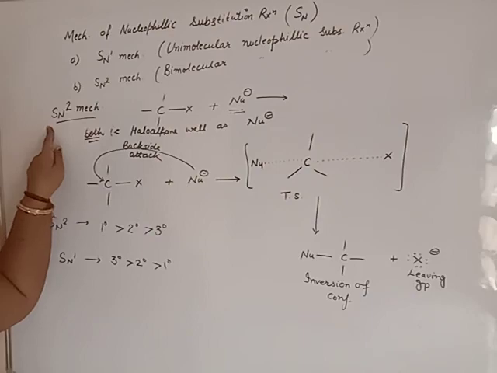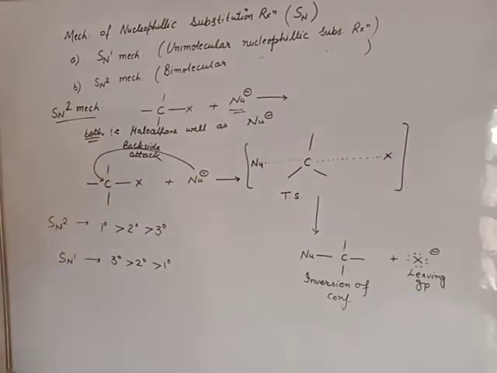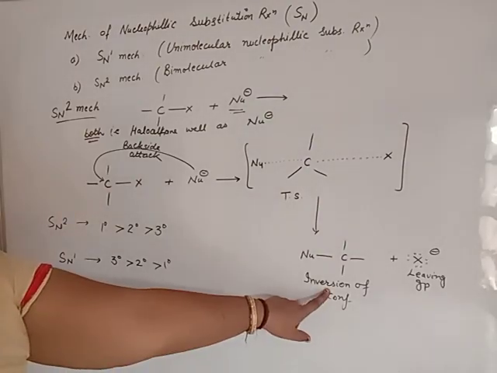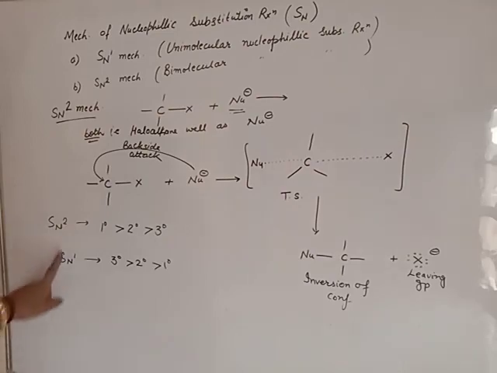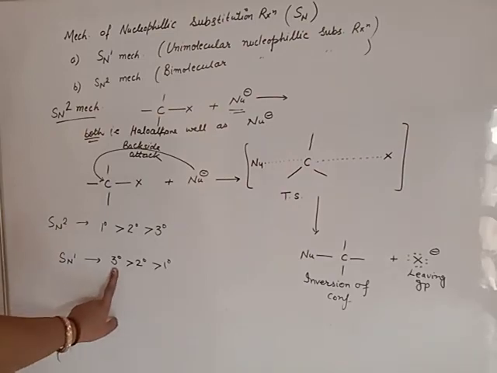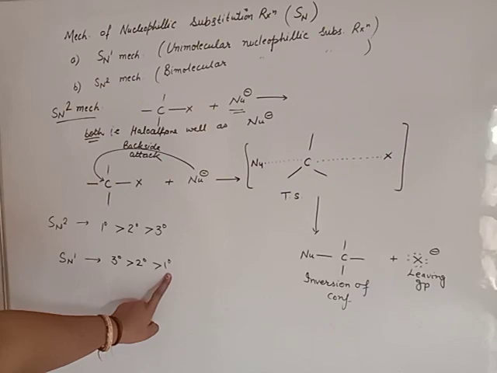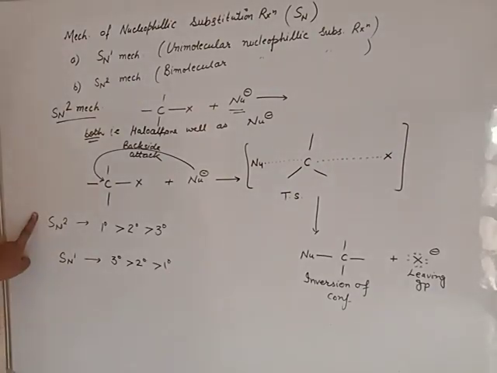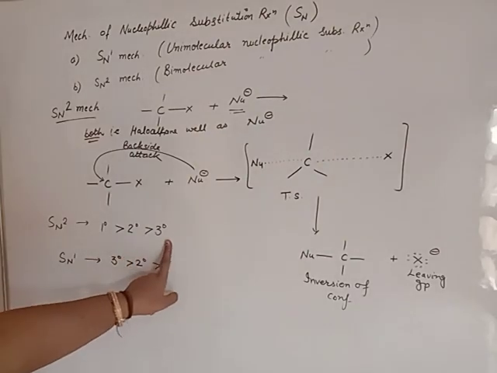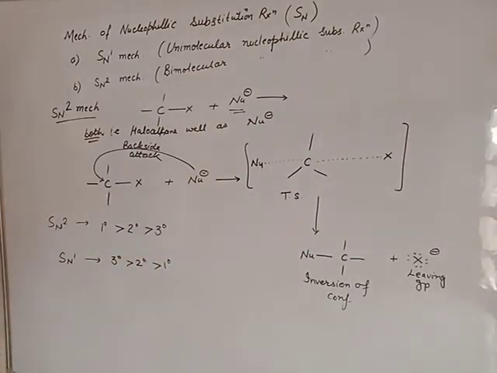But in SN2 mechanism, only back side attack is possible. In SN1, we get racemic mixture, but here we get only inversion of configuration. SN1 mechanism is faster in tertiary as compared to secondary as compared to primary. But SN2 mechanism is faster in primary, then secondary, then tertiary. This is all about the mechanism of nucleophilic substitution reaction with haloalkane. Thank you.